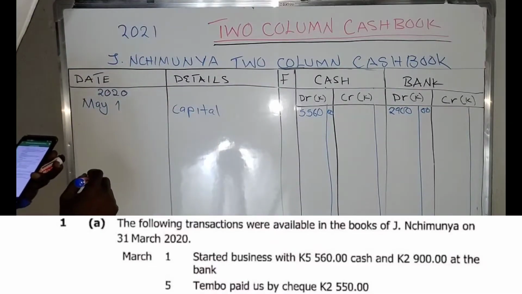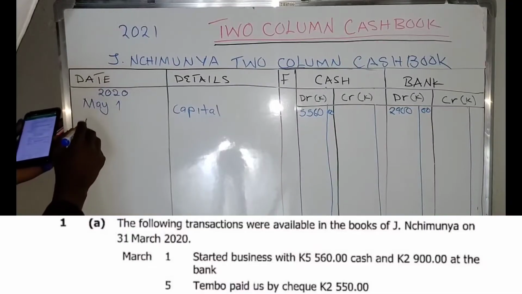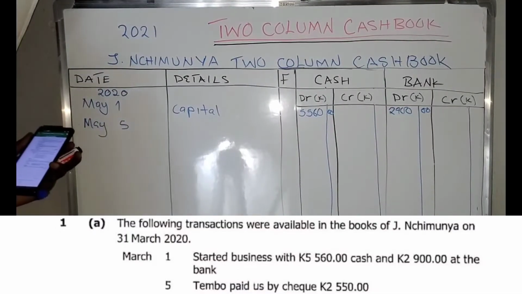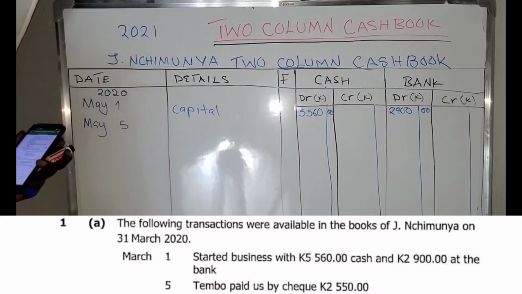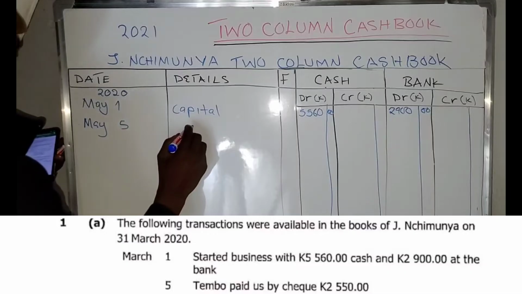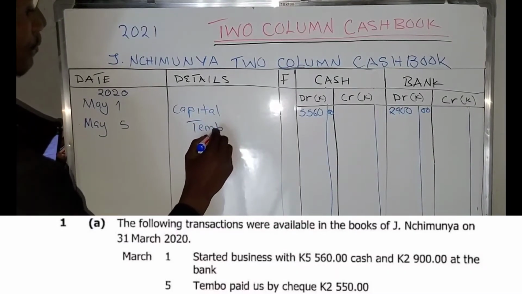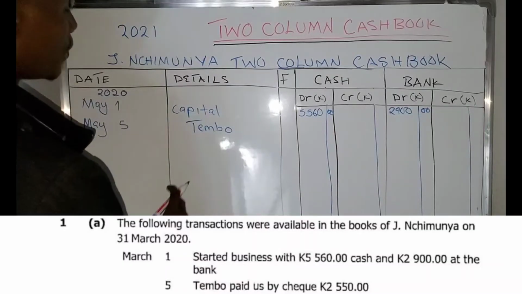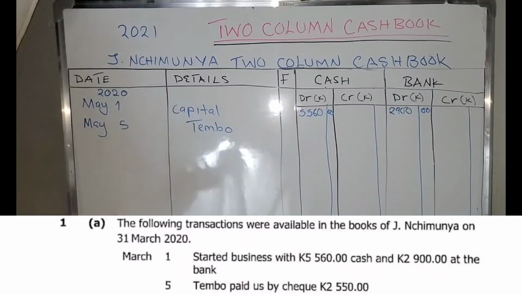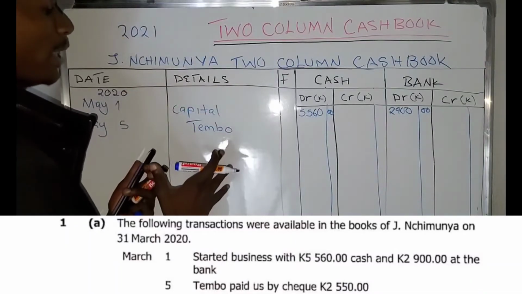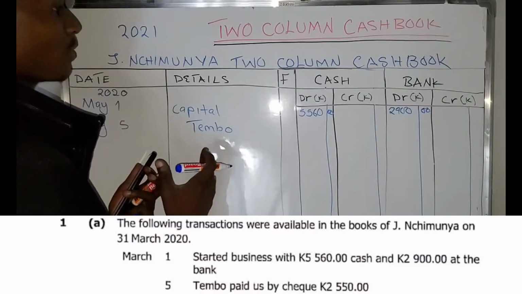Then May 5th, Tembo paid us by check. So here we're going to write Tembo. So Tembo paid us. Us who? The Nchimunia. Okay? Paid us by check.